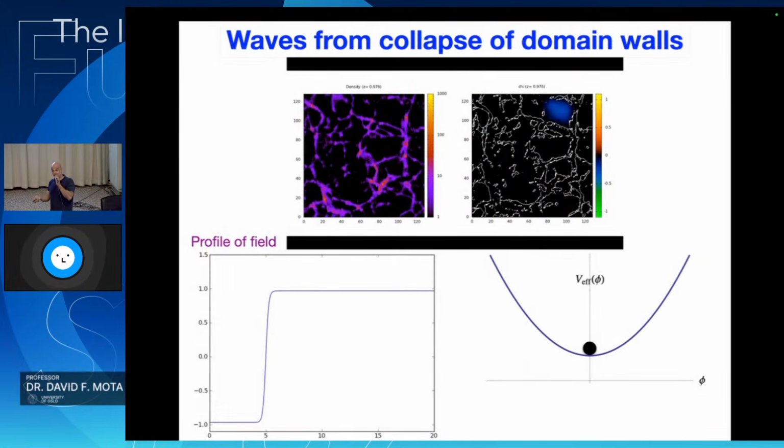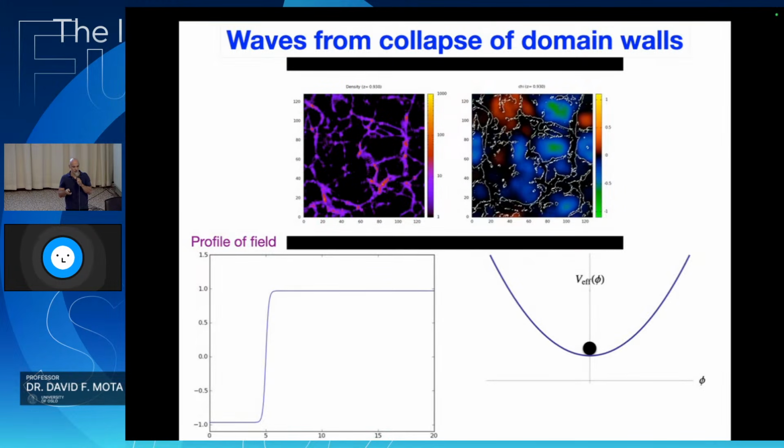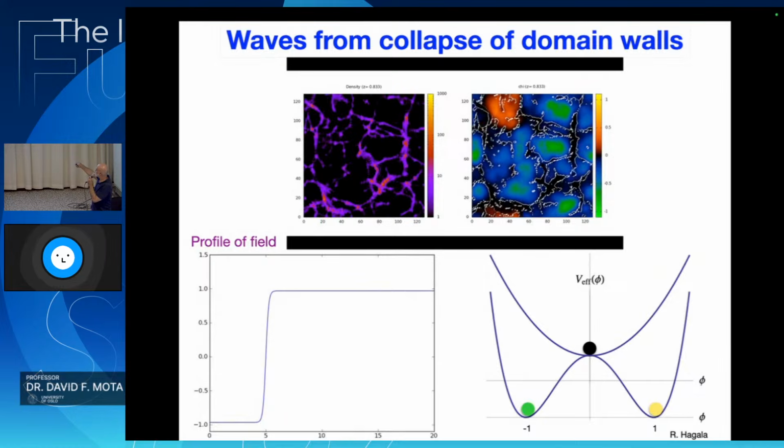There is more as well. For the symmetron, there's another effect coming from domain walls. Maybe not all of you know what a domain wall is. When the density is very high, the symmetron is in one state, and when the density becomes very low in the universe, the symmetron will acquire one minimum, one vacuum expectation value, or another. So in some parts of the universe, in this simulation, you see the value of the scalar field.